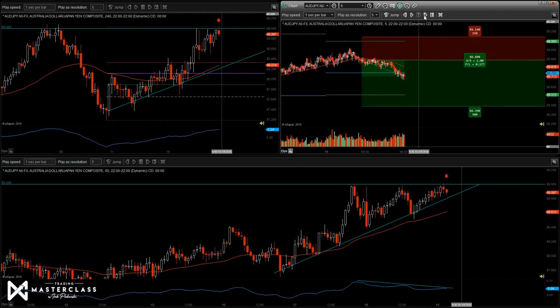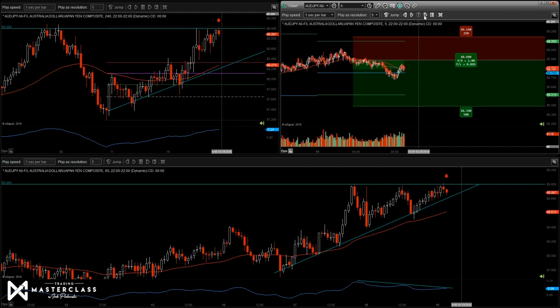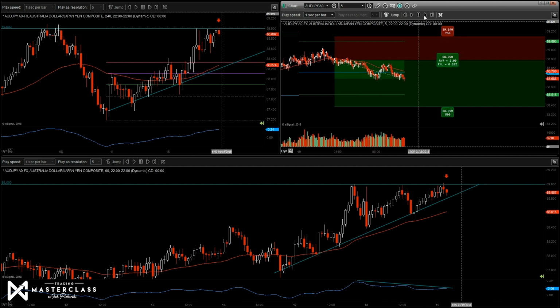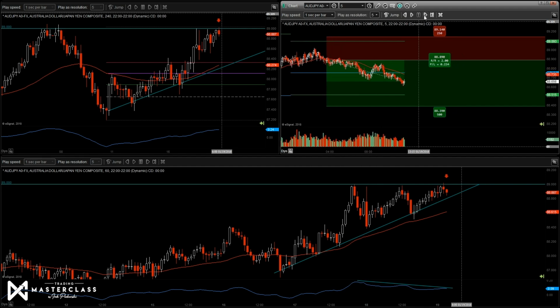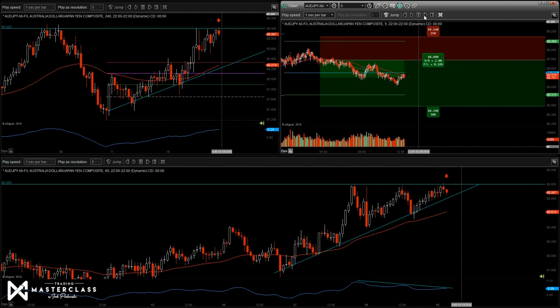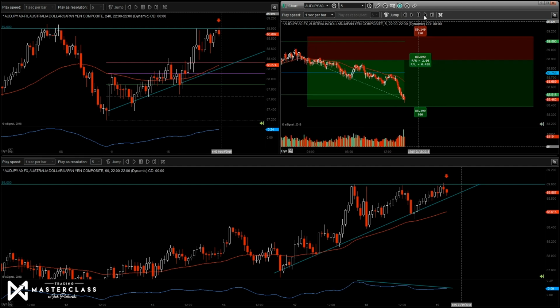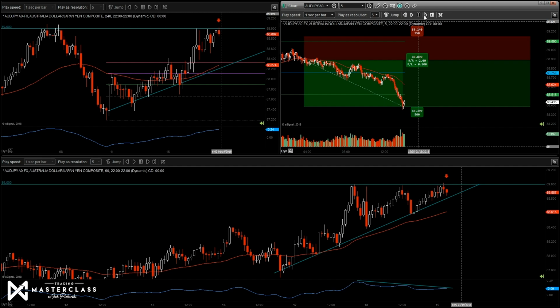See volume accelerating and the price action moving down. It's still moving, and now it's accelerating. And boom, target hit.